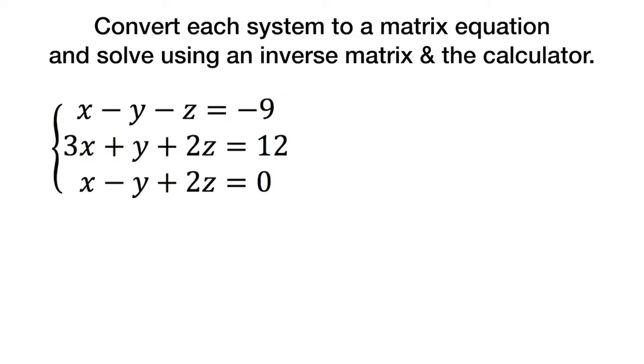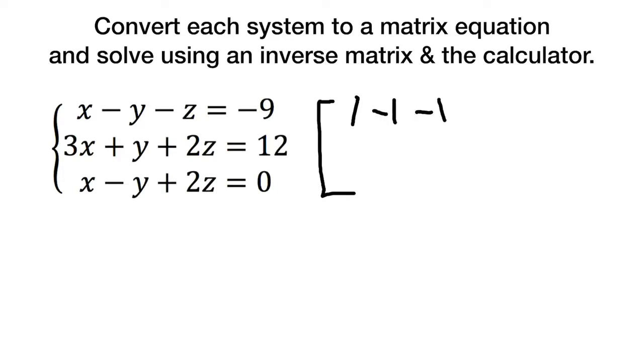So what we do is we look, and everywhere that we see a variable, we have a coefficient. Now remember, if we see no coefficient, that coefficient is either 1, or if we're subtracting, negative 1. So let's write our original 3 by 3 matrix. In this case, 1, the negative y becomes negative 1, the negative z becomes negative 1.